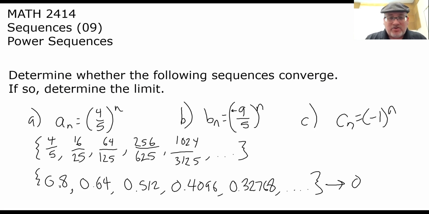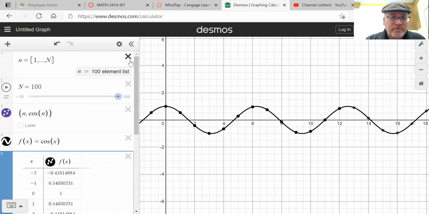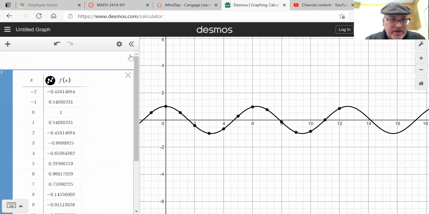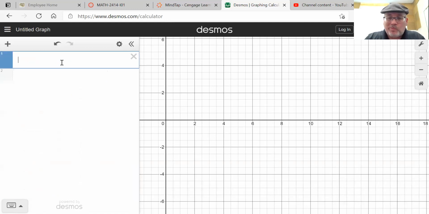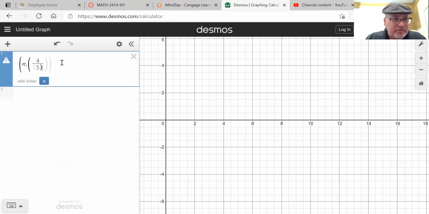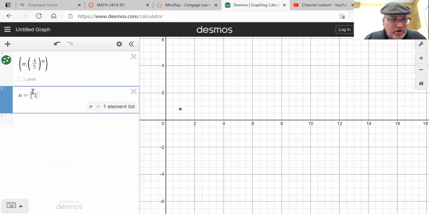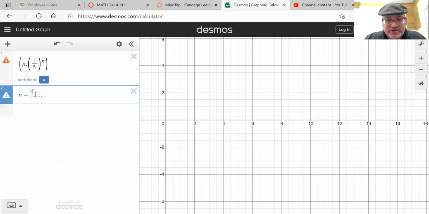And we can actually get the graphical evidence if we go to Desmos real quick. If we were to make the sequence, we'll say n comma 4/5 to the nth power, and we say n equals from 1 to, let's just take it to 20.